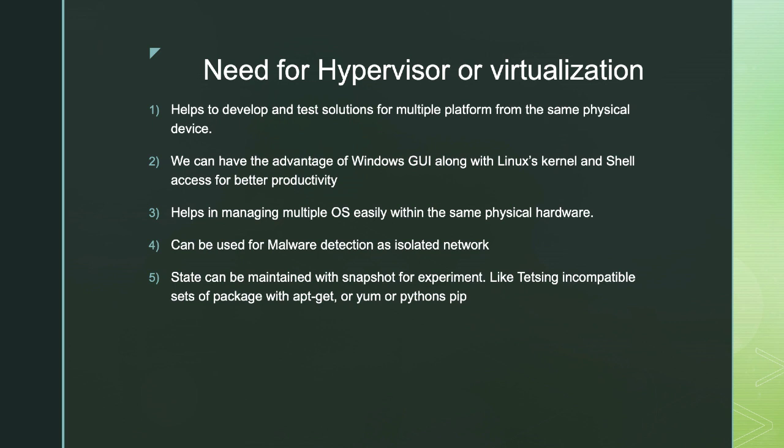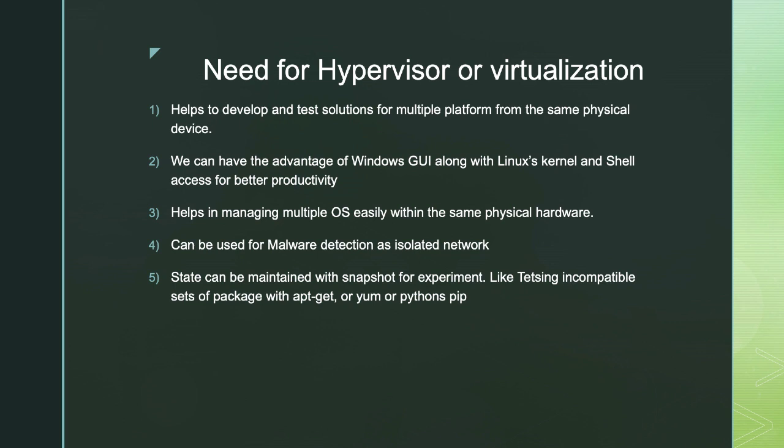With a hypervisor or virtualization, within the same machine, like your MacBook Pro, you can host a Windows machine and you can also host a Linux machine. That's where it helps. It also helps with productivity work. Let's suppose you are doing some drawings in Adobe, or maybe some other sketchbook like Autodesk Sketchbook on Mac, and at the same time you need access to Linux.